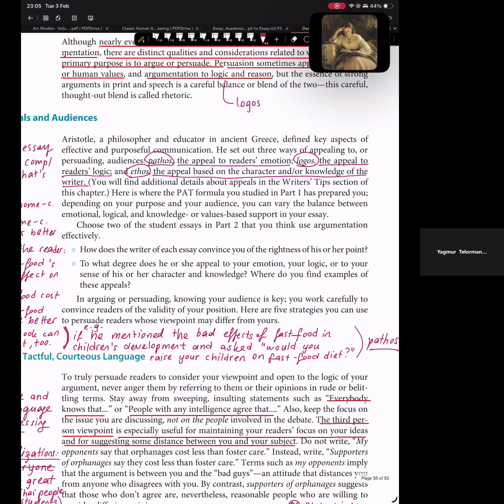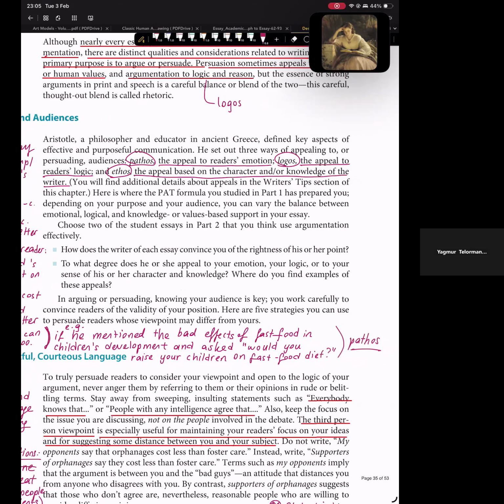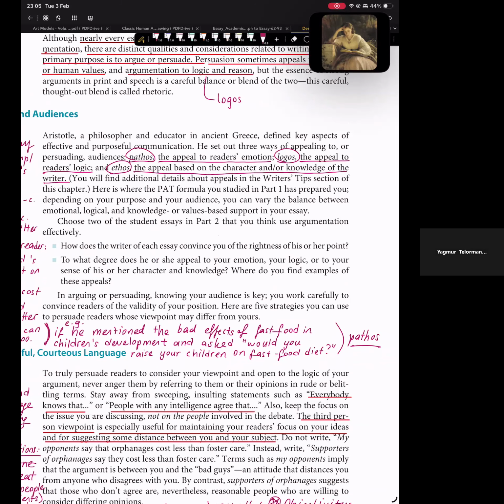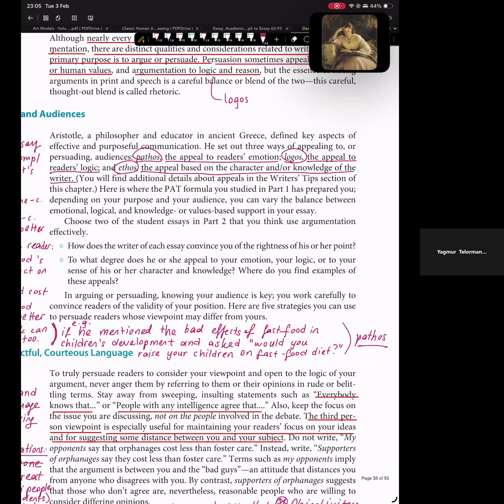And for example, he didn't, but if he mentioned the bad effects of fast food in children's development and asked, would you raise your children on a fast food diet? Then he would be appealing to pathos, which is the appeal to the emotion.